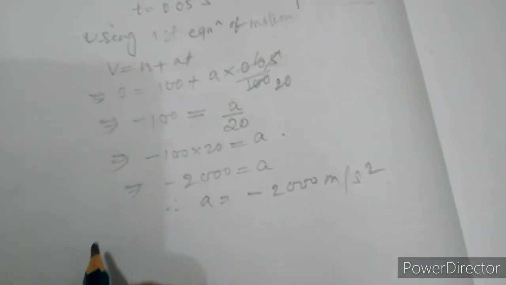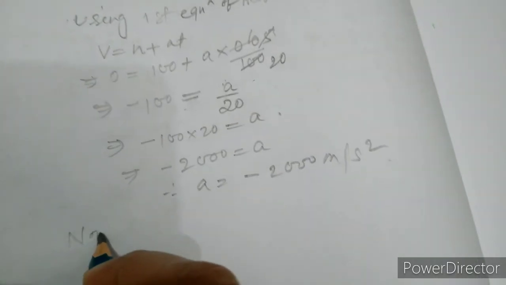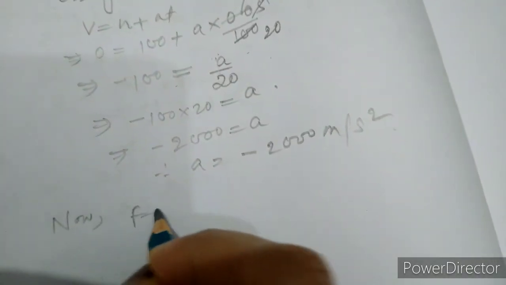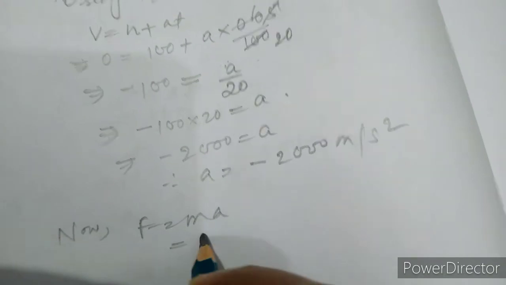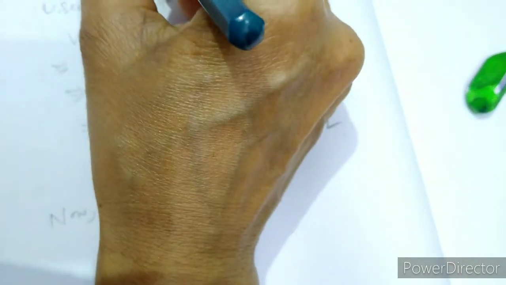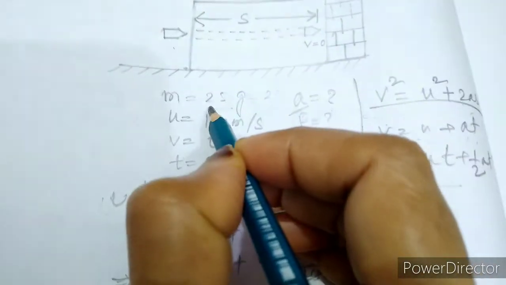Now using the formula F is equal to ma. So the value of m that you know, m is how much? That is 25 gram. Since this is not in the SI unit, you have to convert gram into kg.